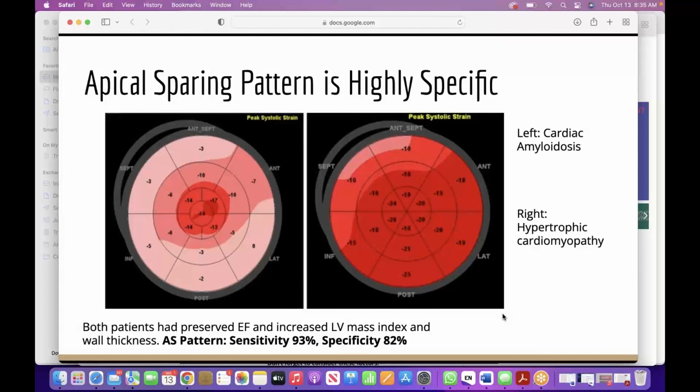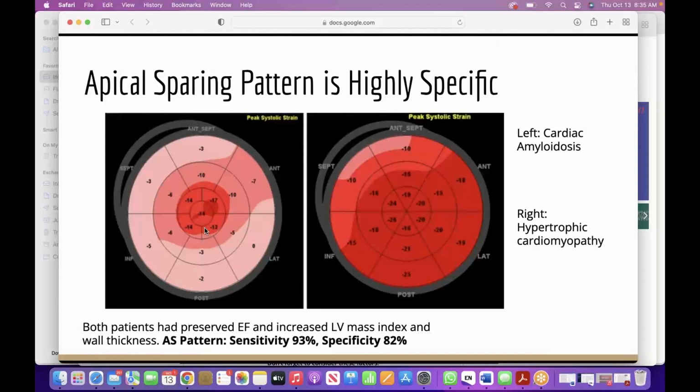You can see that at the apex, the GLS is fairly preserved, but at the mid to basal segments, this becomes highly abnormal. Any GLS below negative 15 to 16% in absolute value would be considered abnormal. So essentially, the less negative, the worse. And here the apex is less abnormal than the other segments.